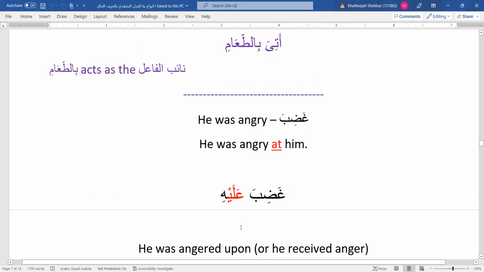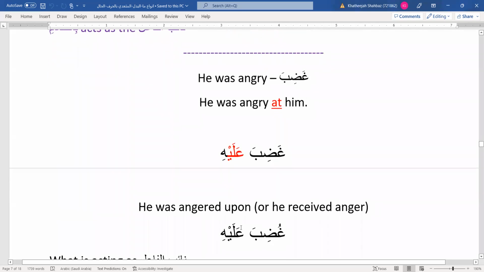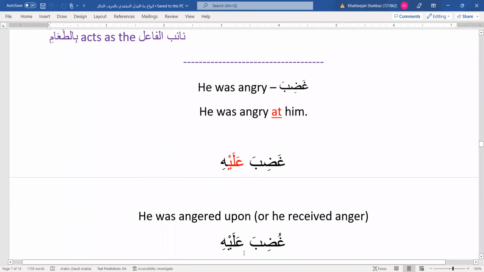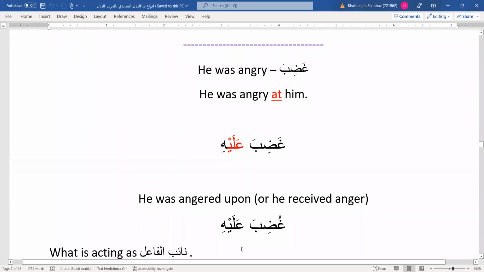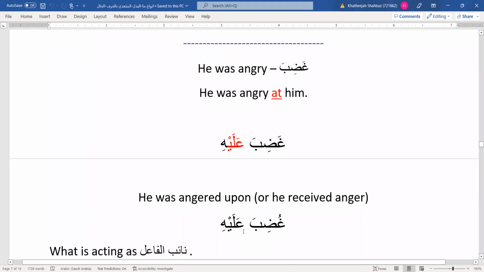So we are going to use the same method that we used before. The Arabic will be ghadiba alayhi. He was angered upon. And alayhi will be what? It will be the acting fail, or naibul fail.